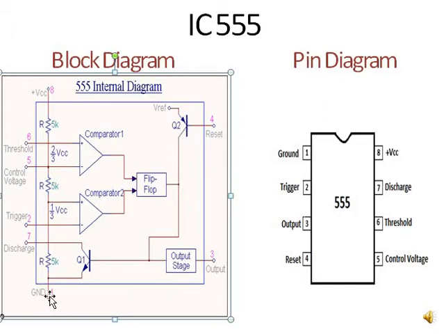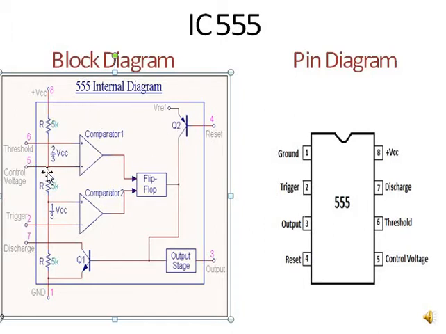Pin number 1 is ground, and pin number 2 is the trigger for the lower comparator. If we want to give an external trigger, this pin can be utilized. Pin 3 is the output pin, pin 4 is reset, and the 5th pin is the control voltage.